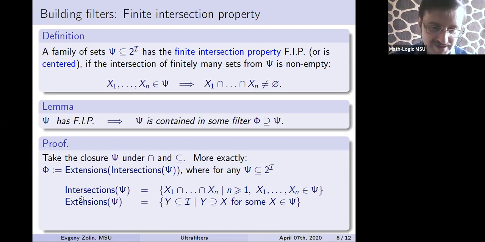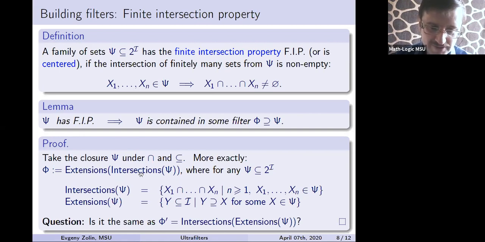A more interesting exercise is if we take these operations in the converse order. First, consider all extensions, all bigger sets, and then all possible intersections. Do we obtain a filter, and do we obtain exactly the same filter? I will leave this question to think about after the lecture.